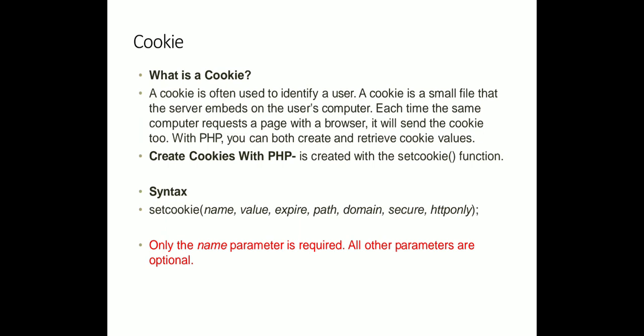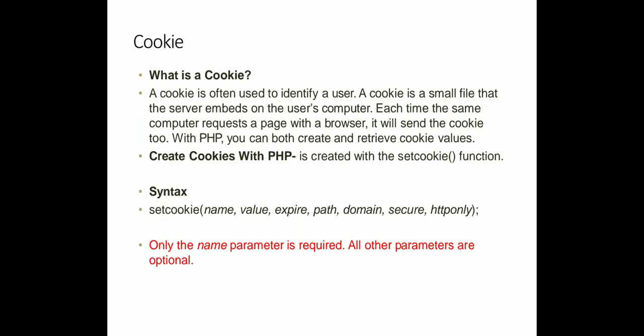Now, how to set cookies with PHP, or what is the syntax for using PHP? We can say it is with the setcookie function. We will directly write setcookie, and in brackets: name, value, expire, path, domain, secure and httponly, and then a semicolon.